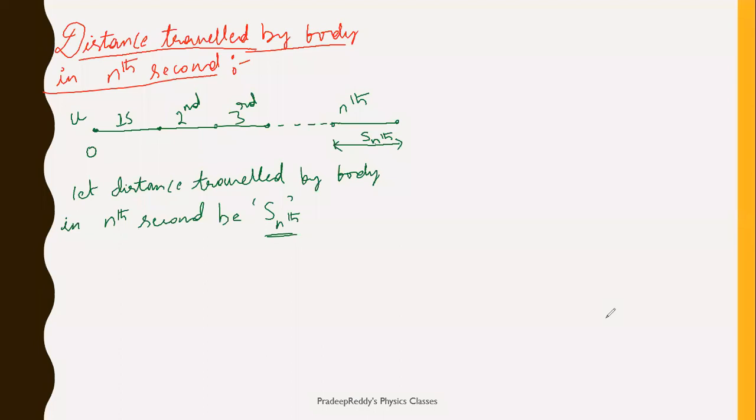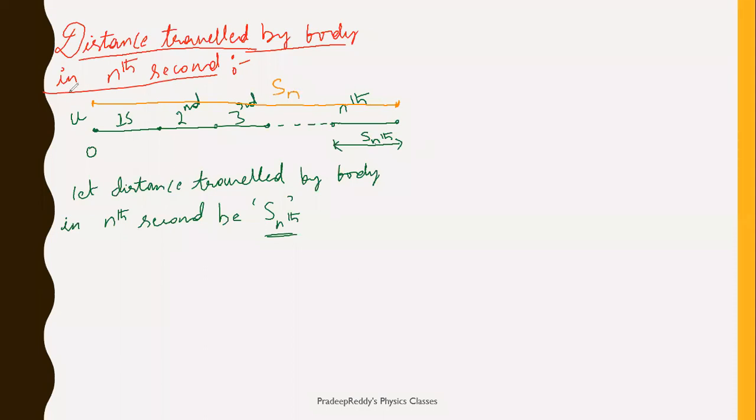Now coming to one more important thing. As we know, this is the total distance traveled by the body from here to here. And this total distance, it is S, the distance traveled by the body in n seconds.